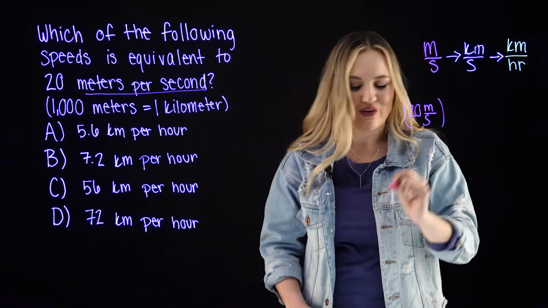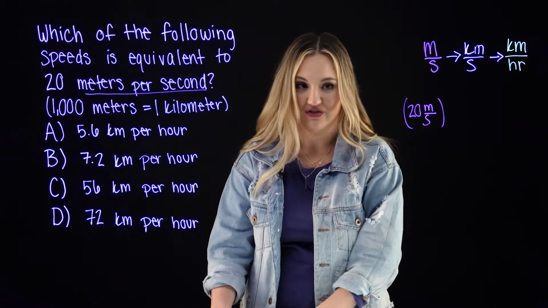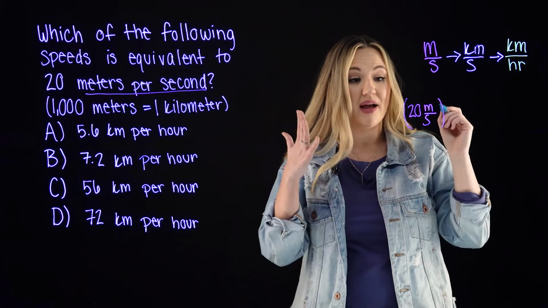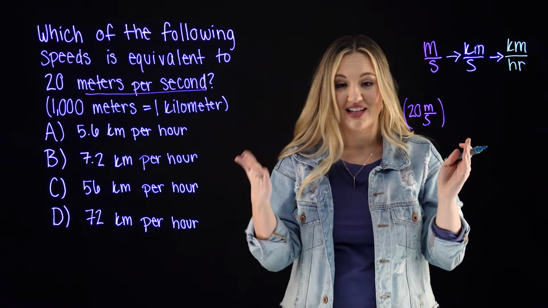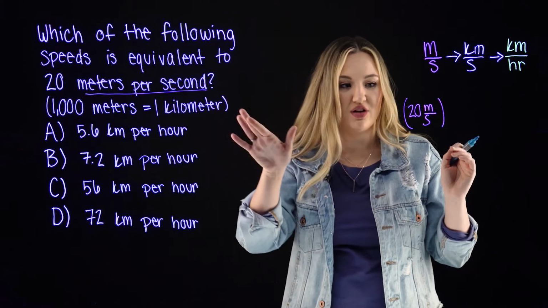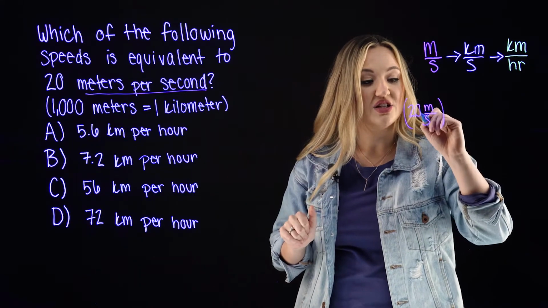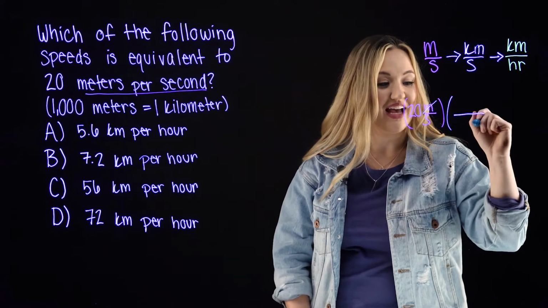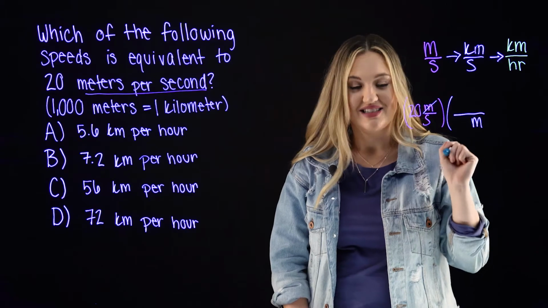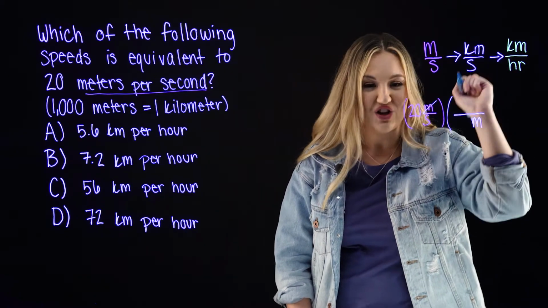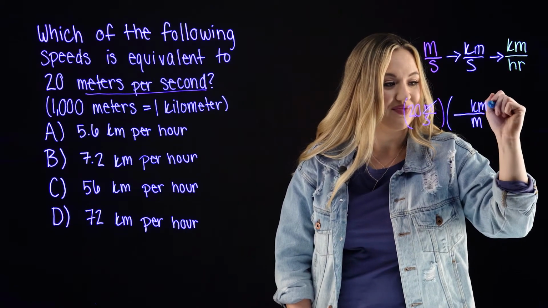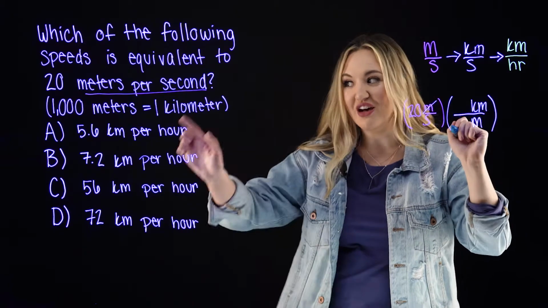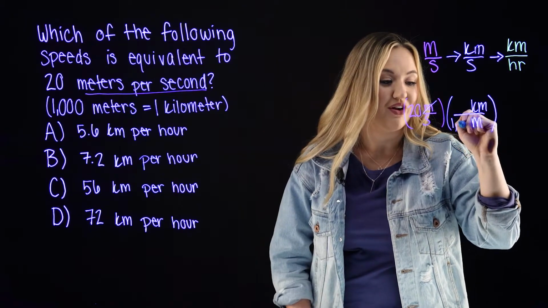And we're going to multiply by the conversion factor. And our conversion factor is given in this question. 1,000 meters is 1 kilometer. So we're going to want to cancel out the meters by multiplying by a factor that has meters in the denominator and get kilometers in the numerator. And we know that there are 1,000 meters per 1 kilometer.